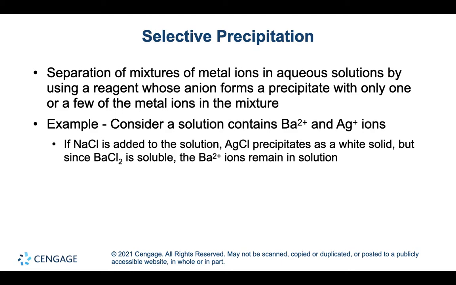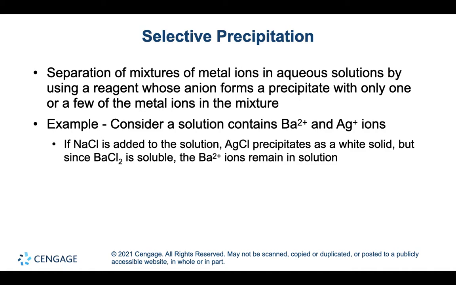But generally what you do is you add an excess of this reactant that's going to precipitate certain metals, and you get those metals concentrated on the bottom of the test tube as a solid. Then you can pour the liquid off the top or pull it off with a pipette and put it in a separate container, and now your barium is in solution in a different test tube and your silver ion is in the silver chloride precipitate in the first test tube.